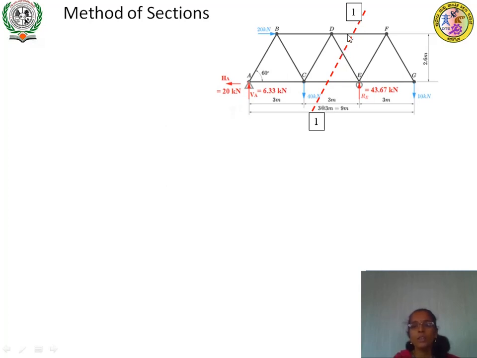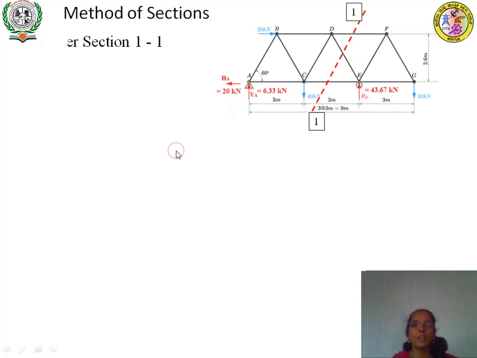Either you can consider the left part or the right part. If you visualize, in the left part the forces are more, and the section is also lengthy, whereas if you consider the right part, the section is shorter and the forces are also fewer.